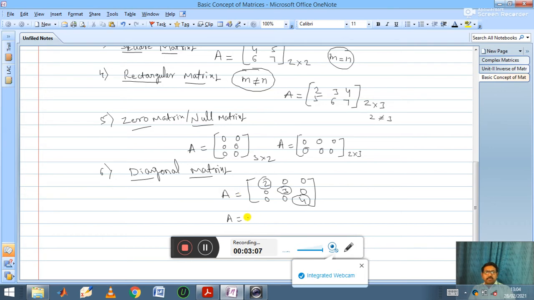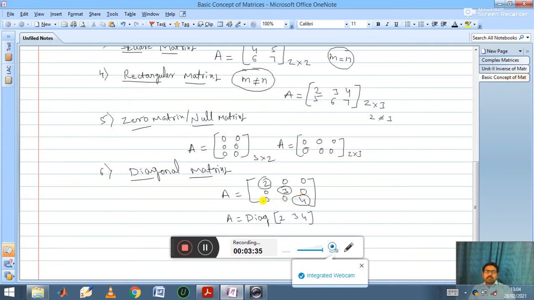A diagonal matrix is also represented by DIAG of the elements 2 3 4. So instead of writing the complete matrix, we can denote it by A equals DIAG 2 3 4, which means the diagonal entries are present in the matrix and the remaining entries are equal to 0.